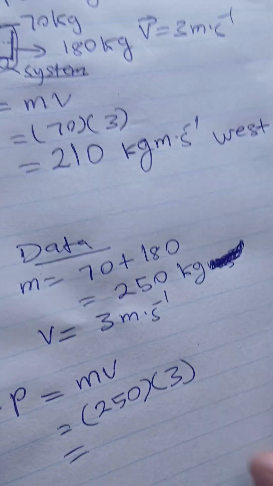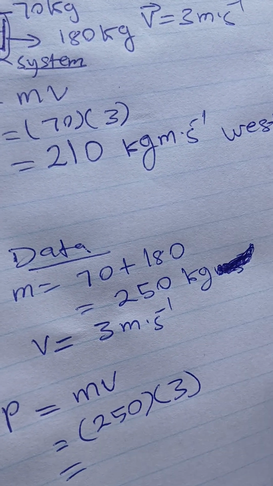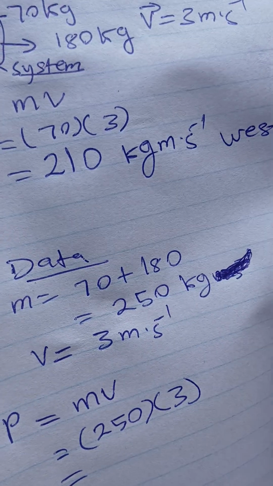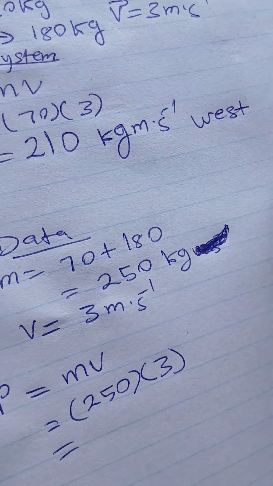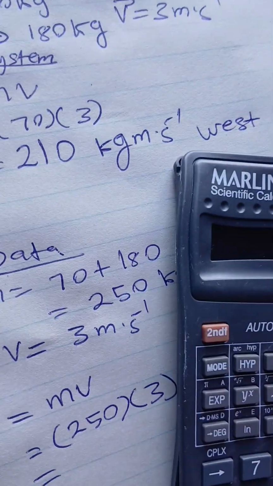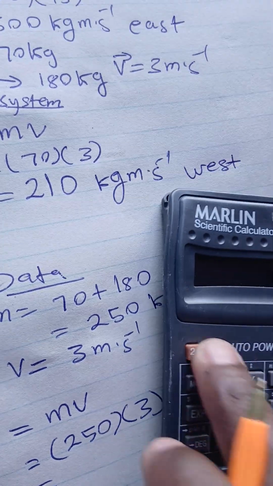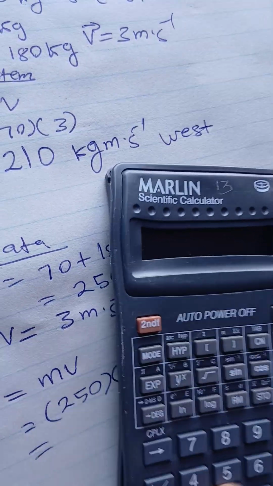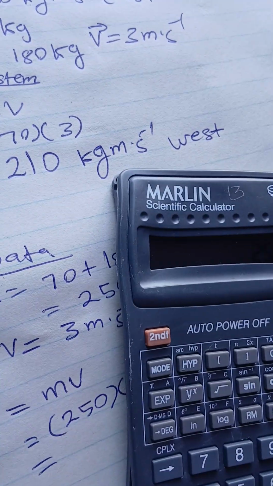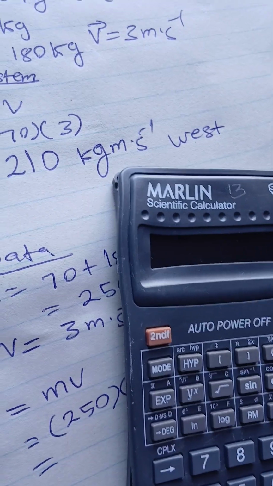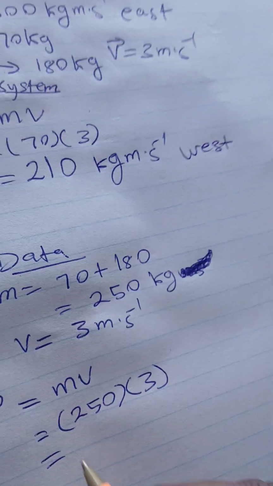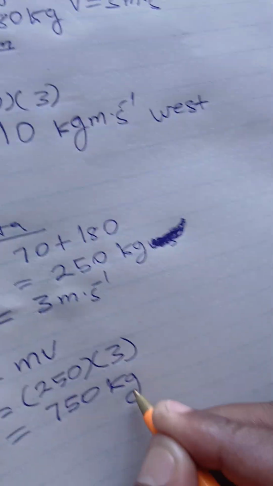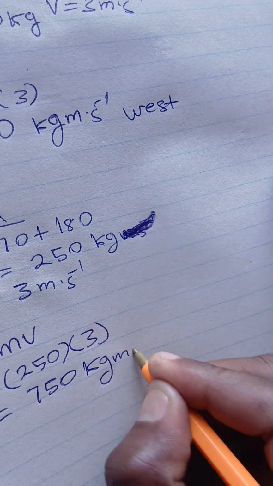So 250 multiplied by 3, you get 750 kg meters per second.